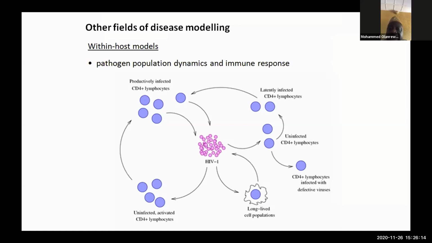One of the participants also, his PhD was on HIV AIDS, that's Dr. Opeyemi, he has already joined, he worked with me. So, where we look at the CD4, then latently infected CD4, and then you see the uninfected. That is what we call within-host models.